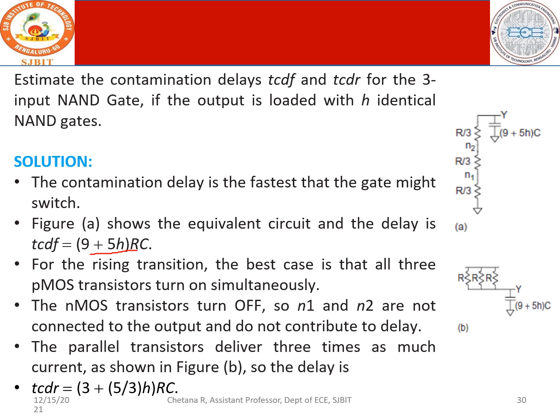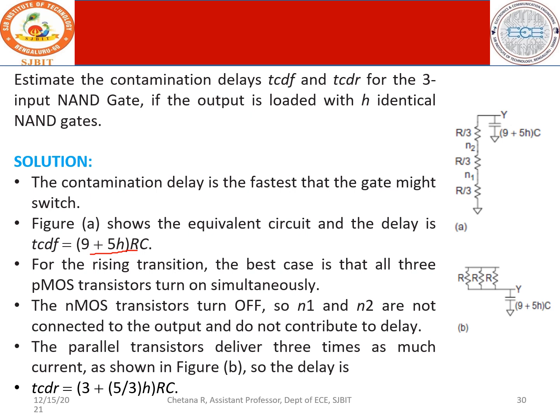Similarly, for the rising edge, the best case is that all 3 PMOS transistors turn on, with inputs 111. When the inputs are 111, all N devices are off. Therefore, the N transistors turn off and N1 and N2, the two nodes, are not connected and do not contribute to delay. So the parallel transistors deliver 3 times as much current as shown in figure 3.